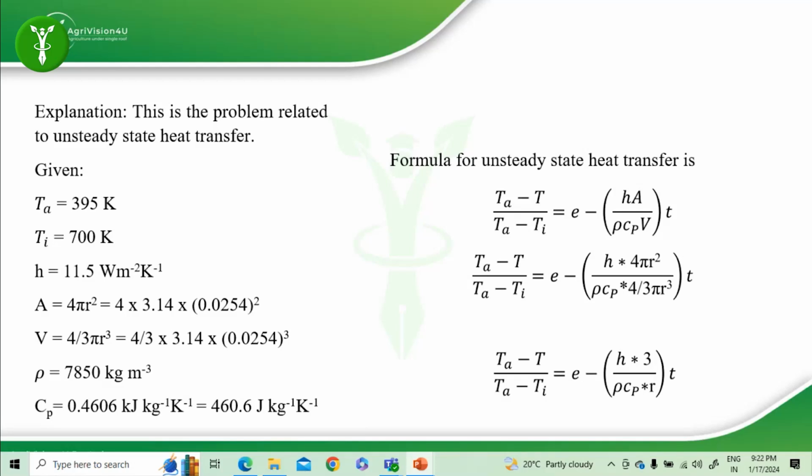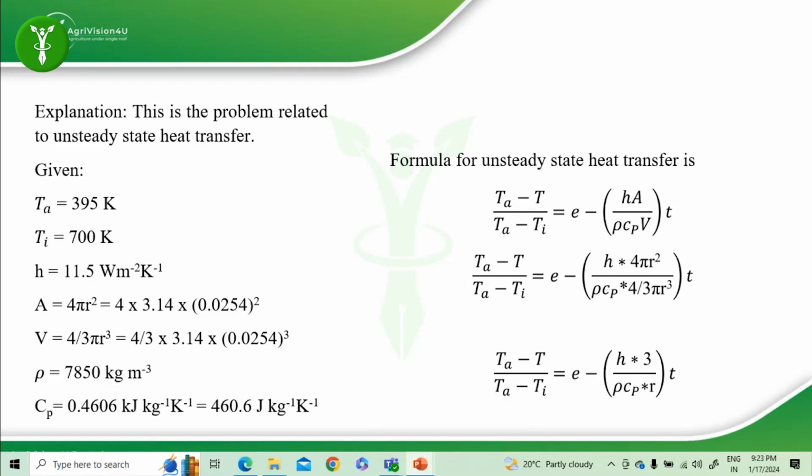A, the formula of A is 4 pi r square. The radius is already given, so the value of radius is 25.4, and we can convert that into meter, so 0.0254. The volume will be 4 by 3 pi r cube.